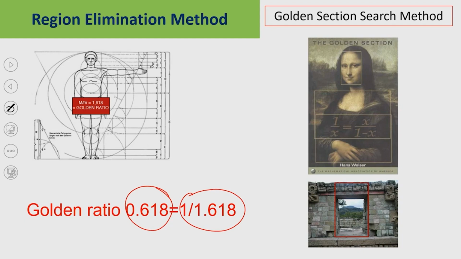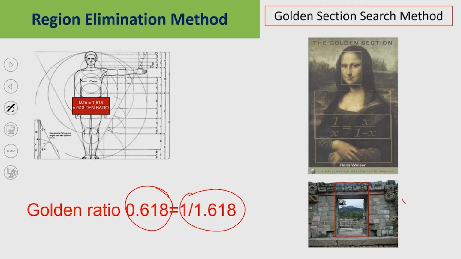Even if I take the dimensions of our different body parts, you can see that somehow this ratio 0.618, or 1 by 1.618, is maintained. Okay. Even when the Mona Lisa was constructed, you can see that many facial dimensions are maintaining this particular ratio.